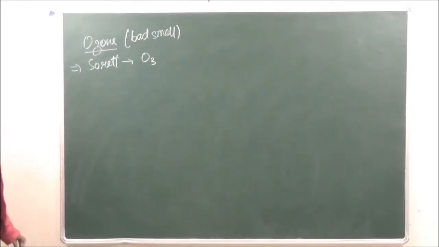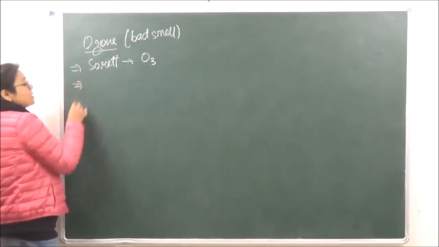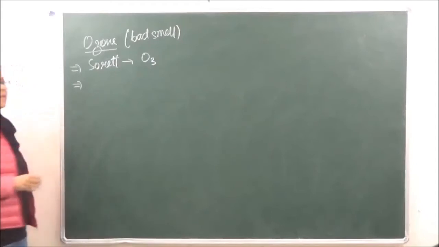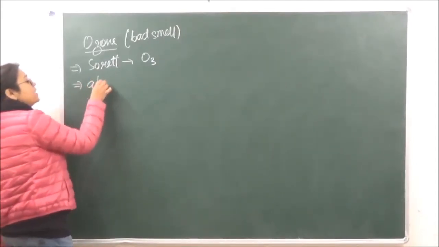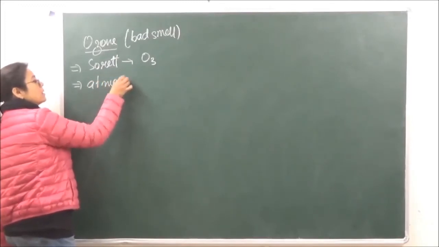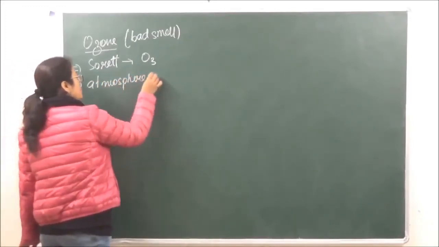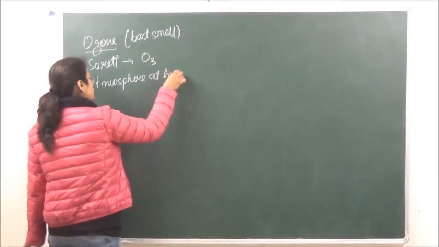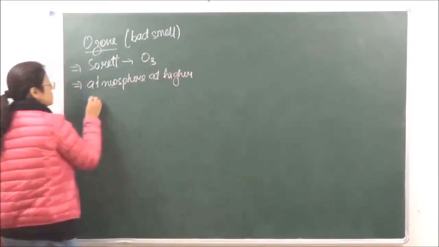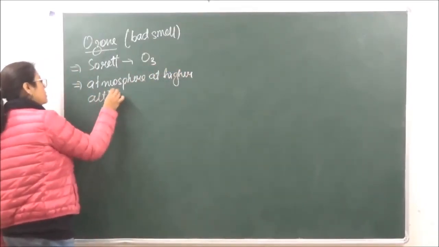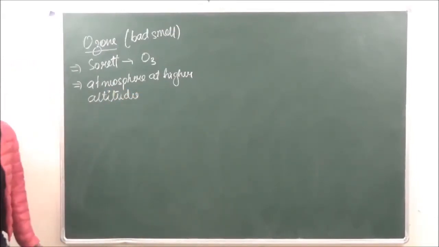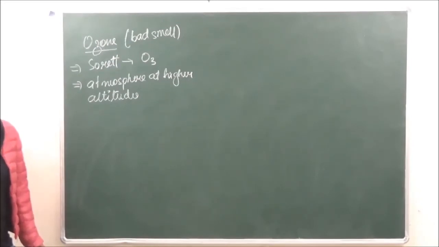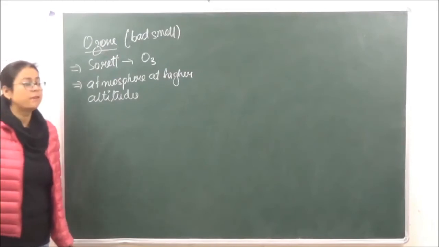ठीक है? Now basically where is ozone present? It is present in sufficient amounts in the atmosphere at higher altitudes, approximately 12 to 15 miles away from the Earth's surface.